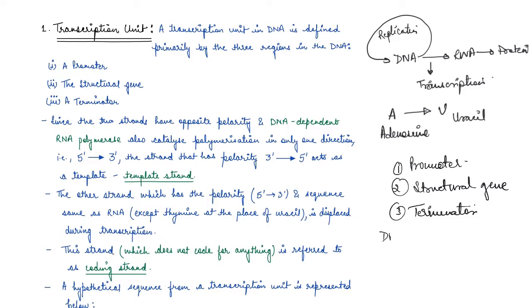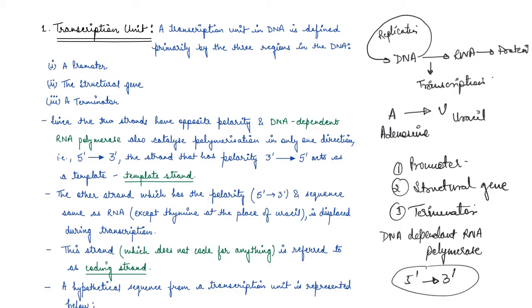This enzyme catalyzes the polymerization in only one direction, which is 5' to 3'. So the strand that has polarity 3' to 5', remember, the strand that has polarity opposite to the direction of polymerization, will be the template strand.